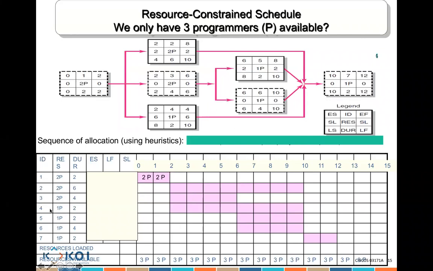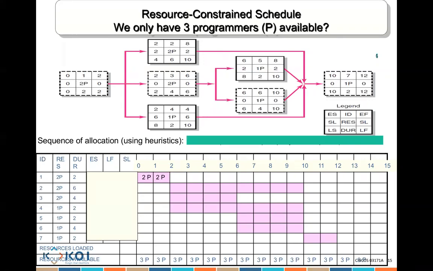So this is activity 3. What would I put for activity 3? 2p.